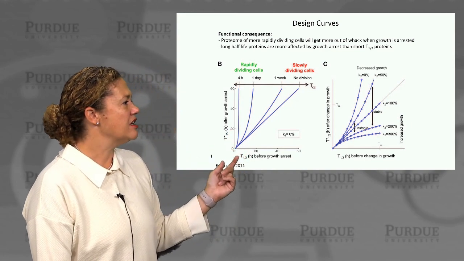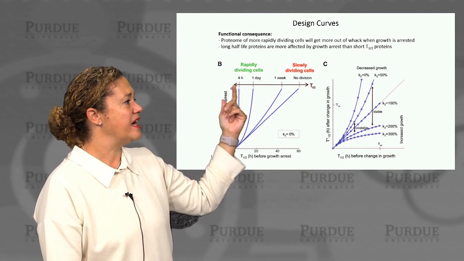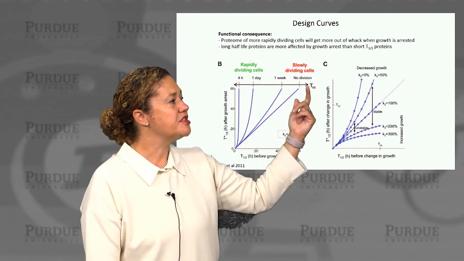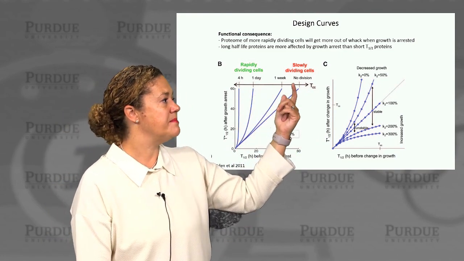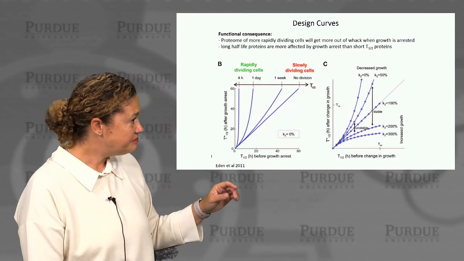If we look at this plot, think about a range of very rapidly dividing cells, from 4 hours to a day, compared to slowly dividing cells that may have a doubling time on the order of a week, to no division.